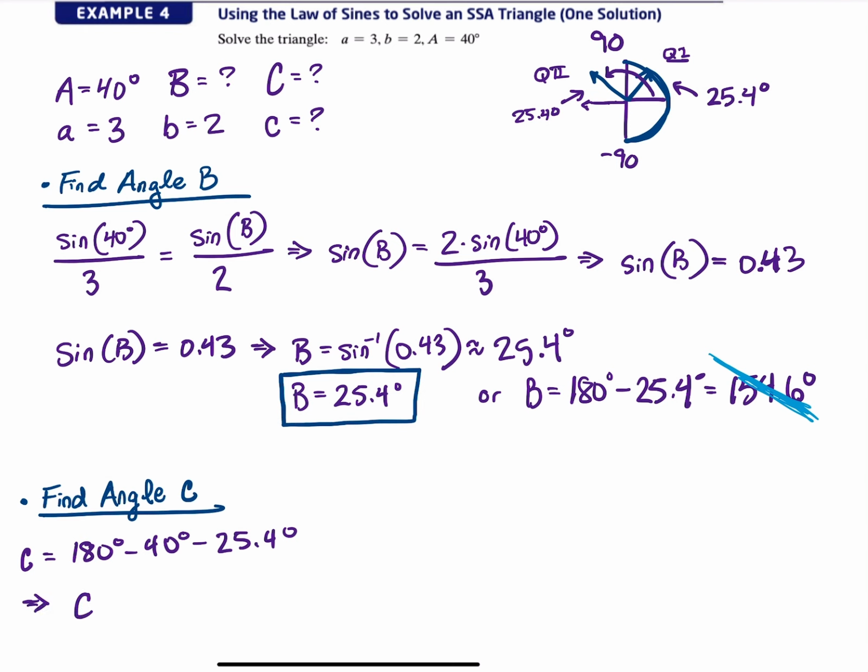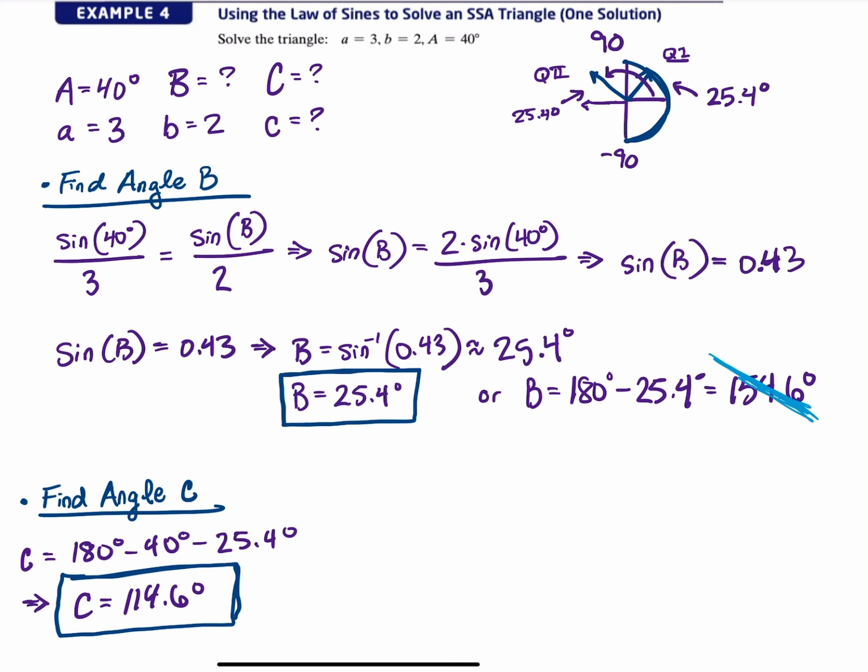So you should get that C is equal to 114.6 degrees. So now we know angle B, we know angle C. Let's just find our missing side length, C.